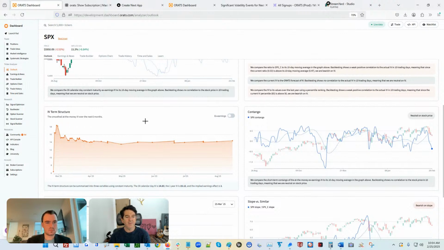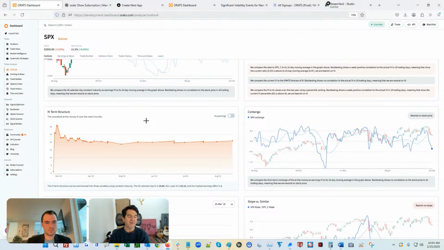The goal is that it should be a rational term structure in order for arbitrage to hold. However, what happens is you'll get two things that affect these. It's weekends and holidays, the way you account for those, and also if there are any events coming up on the day, traders will generally add some volatility.